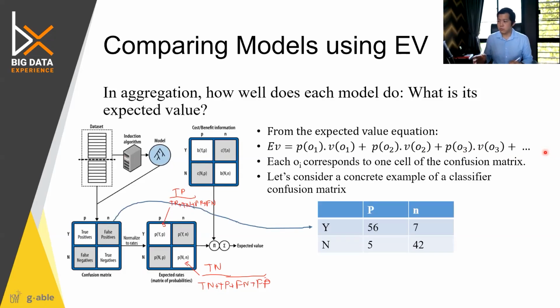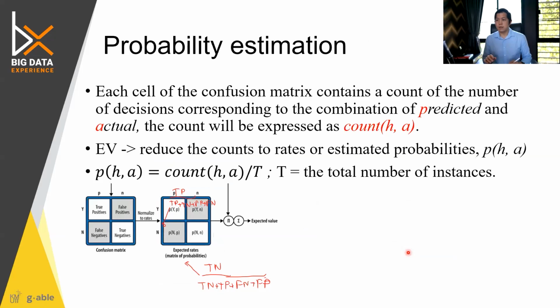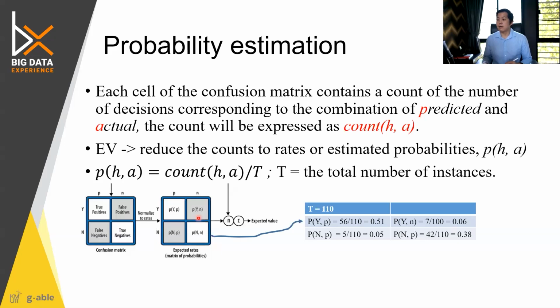For example, this one can look like this: 56, 7, 5, 42. And then we can just count and divide it by the total for each of these, and we get the values of 0.51, 0.06, 0.05, 0.38. This comes from 56 divided by 110.